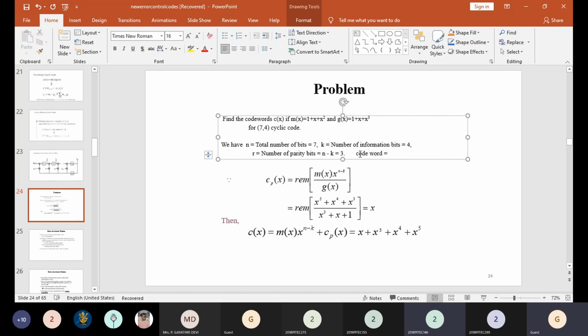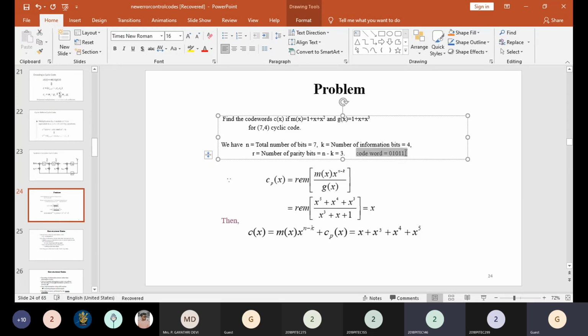Writing it from here, it is 0, 1, 0, 1, 1, 1. For this index, initially 1 is not there, so it is 0. x power 1 is there, so it is 1. x power 2 is not there, so it is 0. Then x power 3 is 1, x power 4 is 1, x power 5 is 1. So this is the corresponding code word.